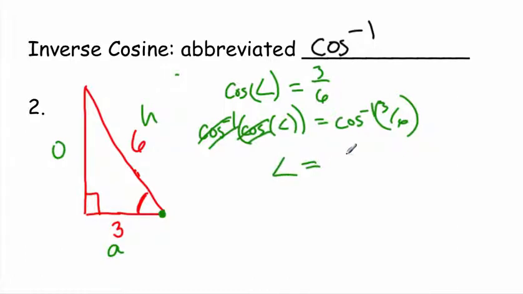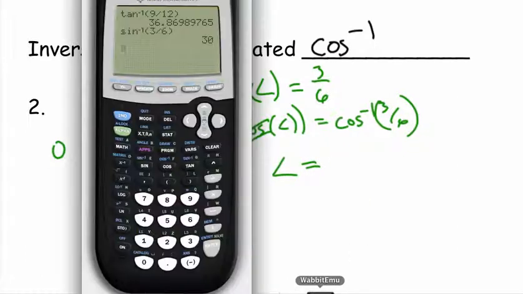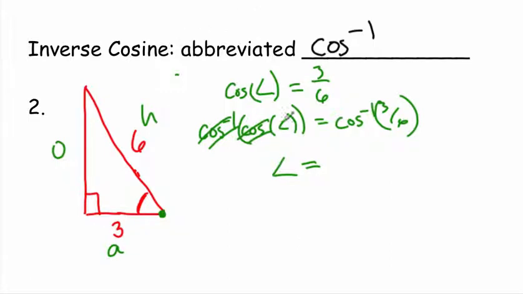Now I've got to do inverse cosine of 3 over 6. If you remember the triangle from the beginning correctly, we better get 60 out of this. And I get 60. That's exactly what I expected. So that's how we use inverse sine and inverse cosine.